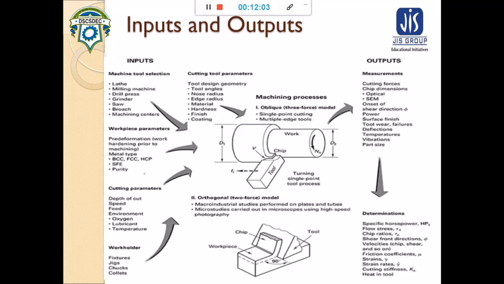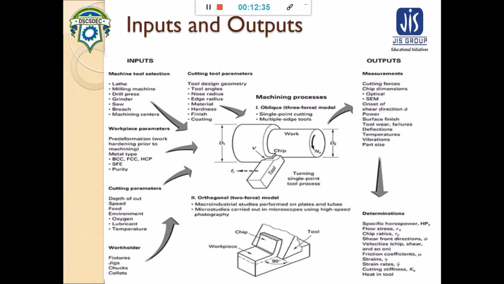Then cutting parameters such as depth of cut, speed, feed, cooling condition, and work holder. Then cutting tool parameters, that is cutting tool geometry. Next, the machining process we are using. These are all the inputs.